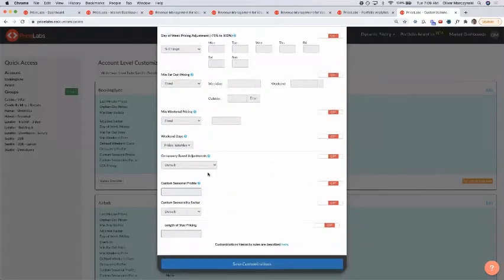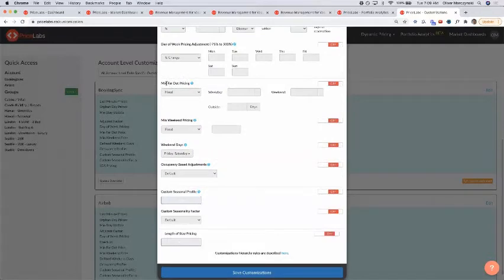Additionally, down below here in our customizations, we do have the minimum far out pricing. So something else I definitely recommend, if you are hesitant about opening your calendar far out, is to say, outside of, let's say, 90 days, for example, set a higher minimum price. So take my standard minimum price for weekdays and let's say increase that by 50%.